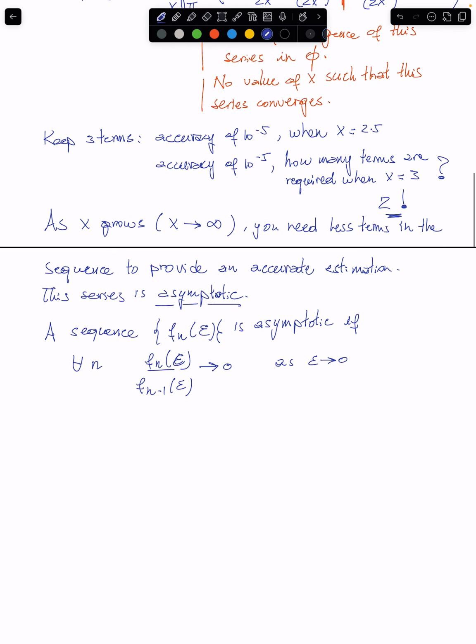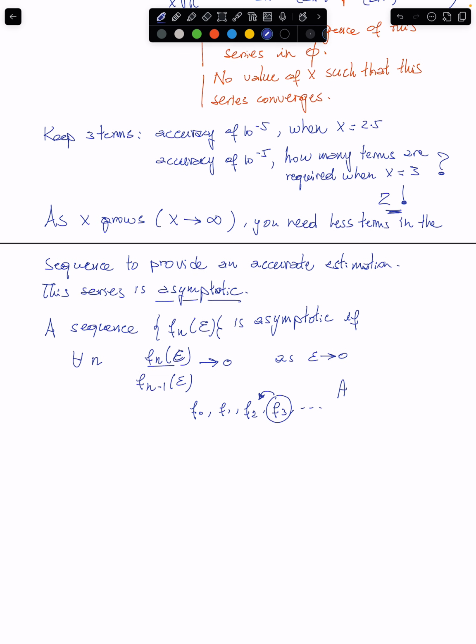Meaning that if you have a sequence of functions f0, f1, f2, f3, etc., you just want to make sure that any term is in fact smaller than the previous term in the sequence. This is called the asymptoticness.